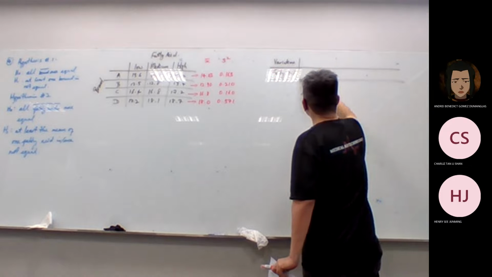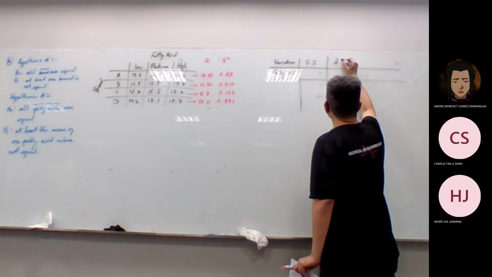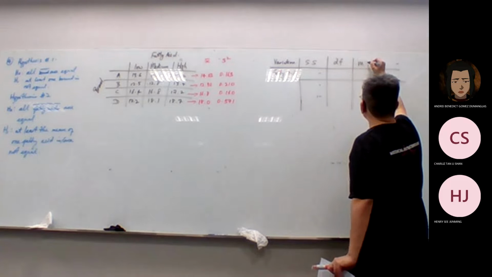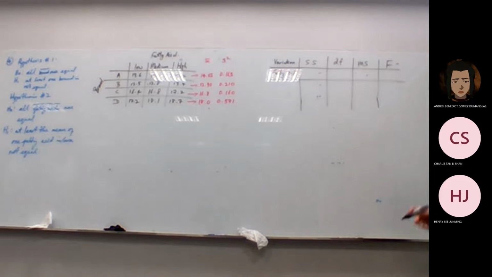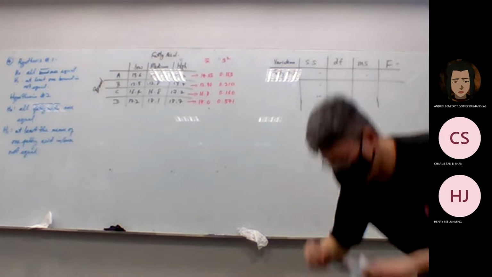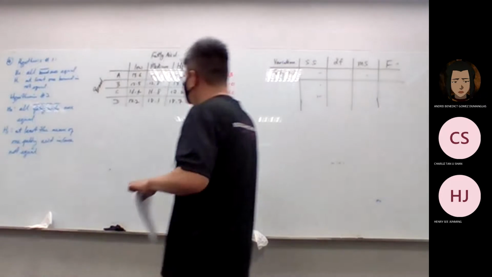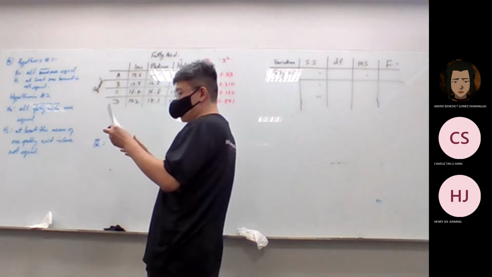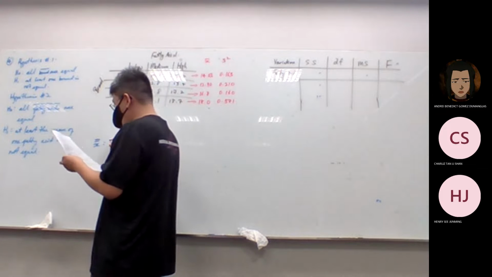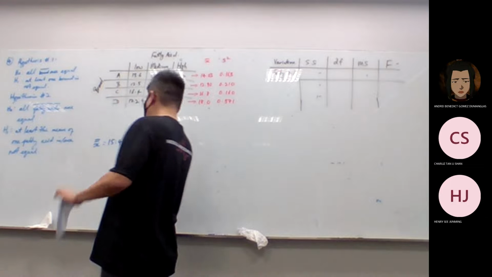Okay, then you have your sum of square, degrees of freedom, mean sum of square, and your statistic. After which you can calculate for the grand mean as well. So the average of these numbers. So the grand mean is 15.4333.